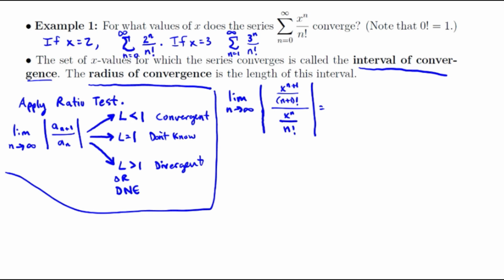But the x, that might be different, right? You could have negatives in there. So here's what we're going to do. We're just going to collapse the absolute value down to just the x, so that it's positive, over n plus 1 factorial times n factorial over the absolute value of x to the n.